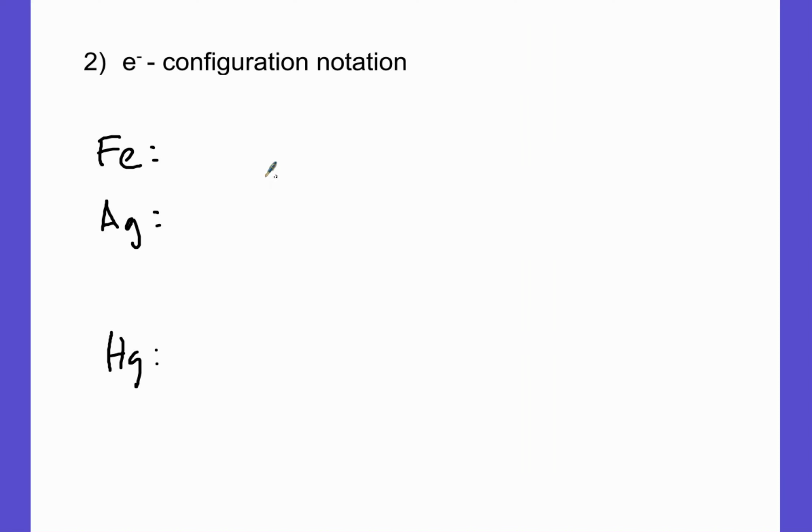So again, I'll show you what it would look like one way or the other. But iron, if I was going to do it the long way, would be, okay, draw my 1s, put in 2 electrons, 2s, 2 more electrons, 2p, my bad. Put in 6 electrons.